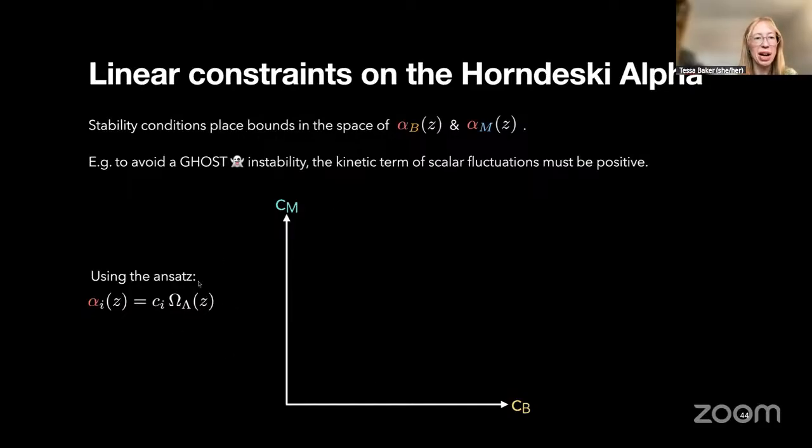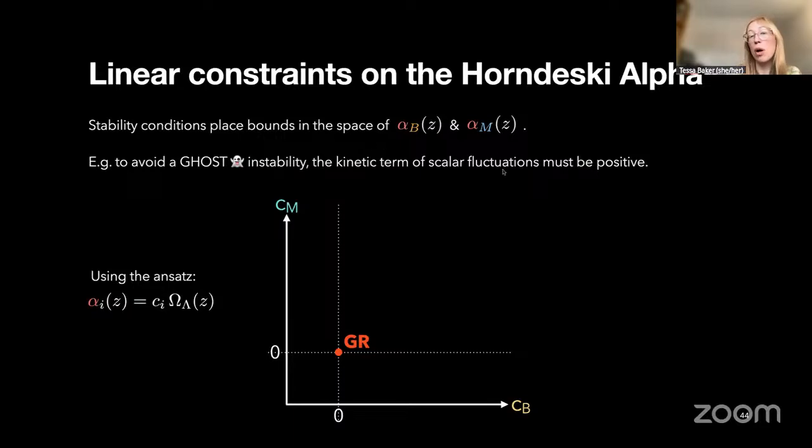We did that for alpha M. We're going to do something similar for alpha B. And what this does is it translates our space of two functions into a space of two numbers that we can constrain. Okay, and so GR is the point where both of those constants of proportionality are zero. You set the alphas to zero, you get back to general relativity.